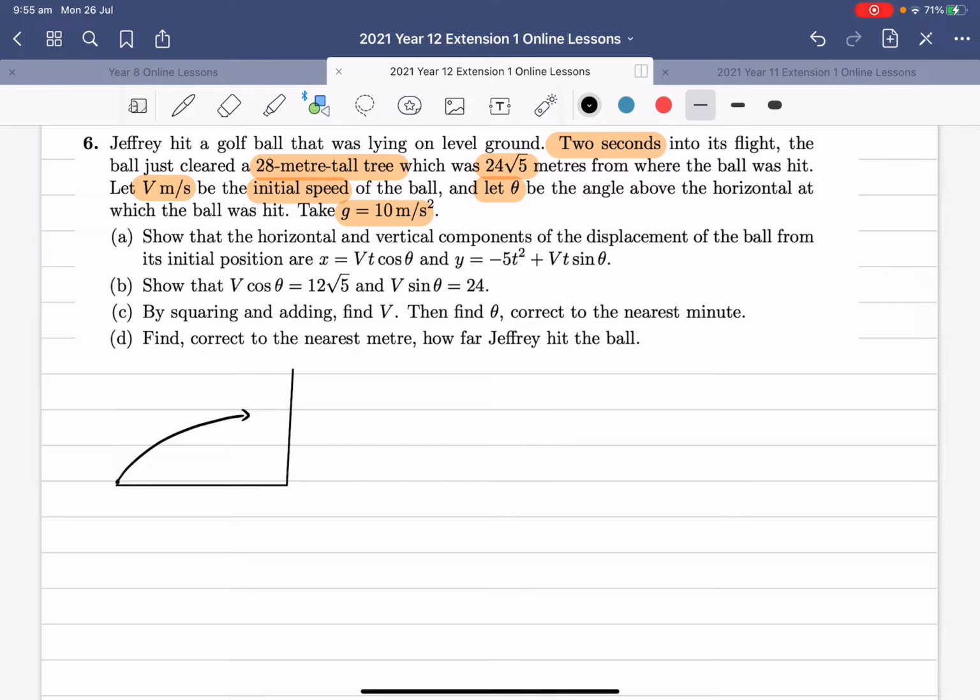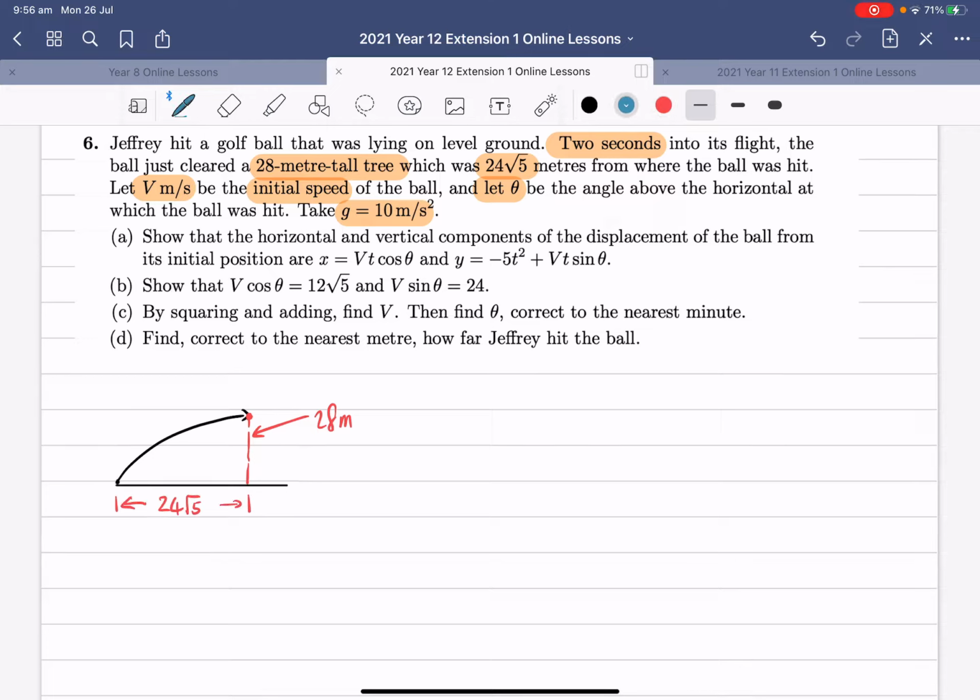So in that case, at this point, the height is 28 meters.